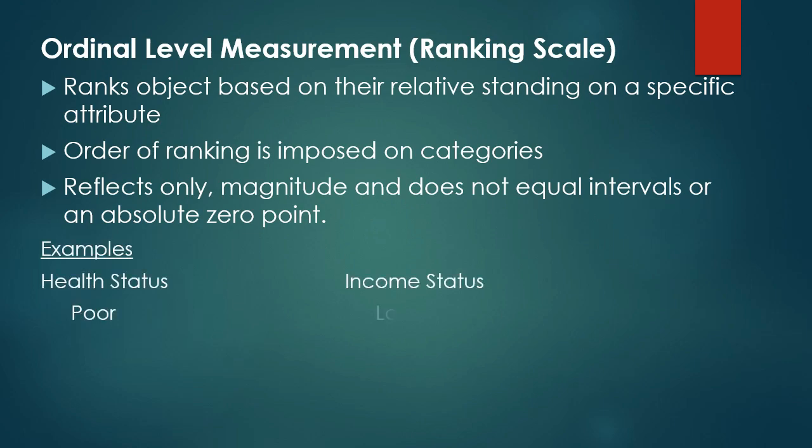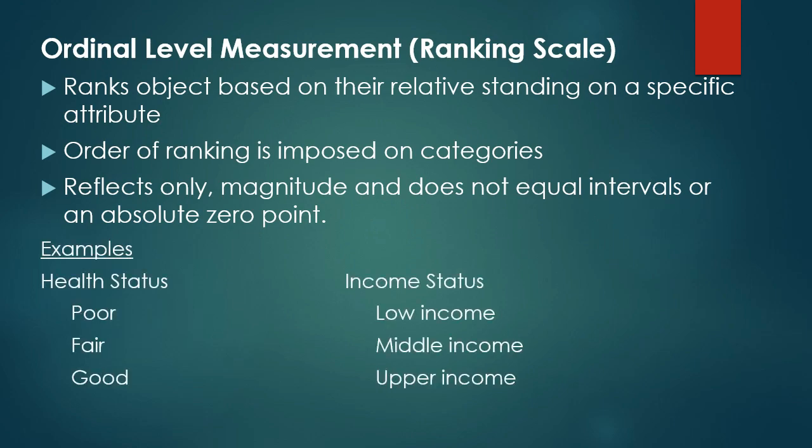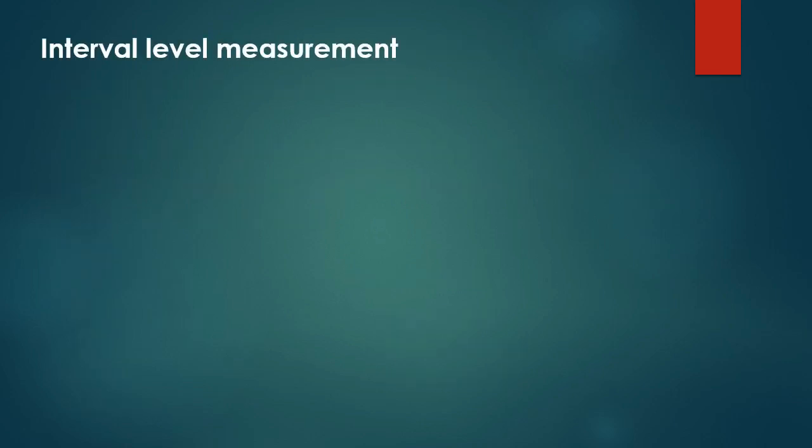For example, health status can be categorized into poor, fair, good, excellent. Income status can be categorized into low income, middle income, upper income. So in all these we can see a hierarchical order.